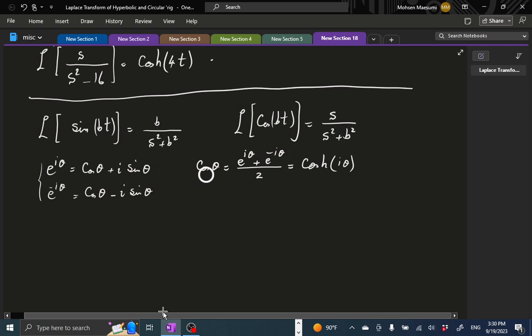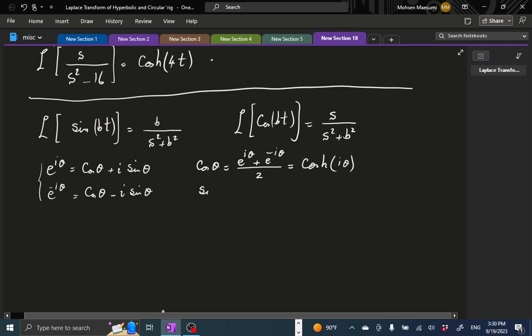So there is a connection between trig functions and their hyperbolic cousins at the expense of turning your input to its imaginary. We can connect these two functions.